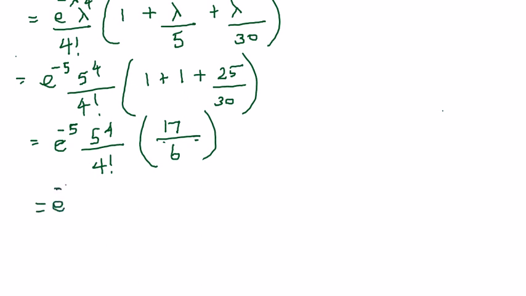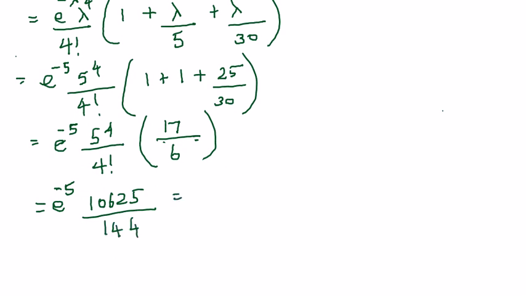You can substitute for e power minus 5 later. 5 power 4 is 625, 625 into 17 is 10,625, over 6 into 4 factorial, which is 24 into 6, giving me 144.